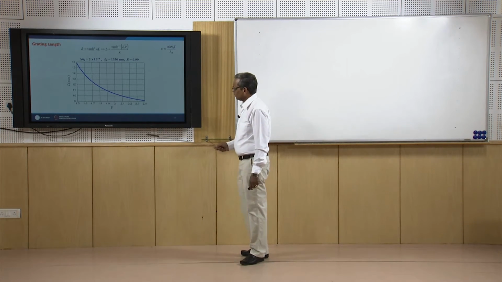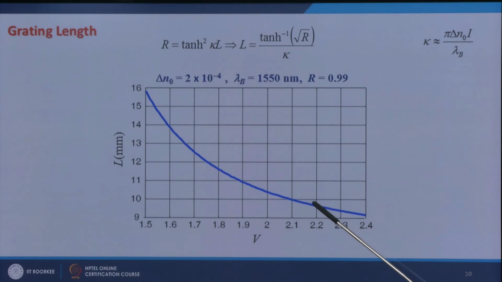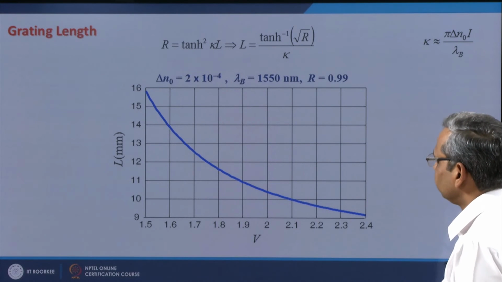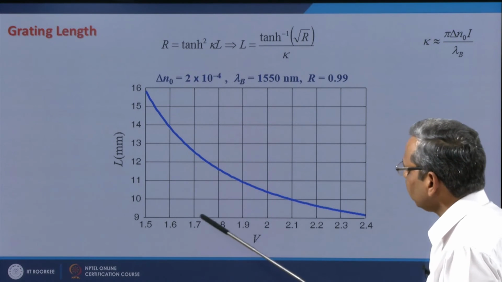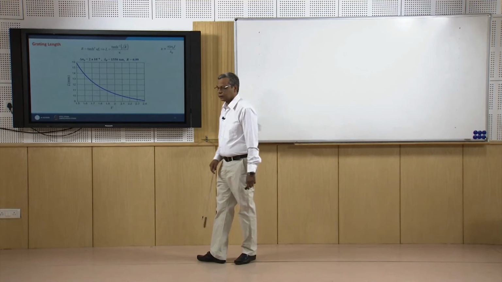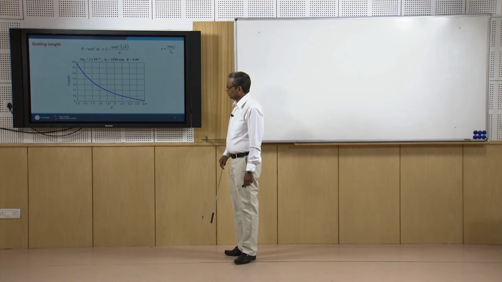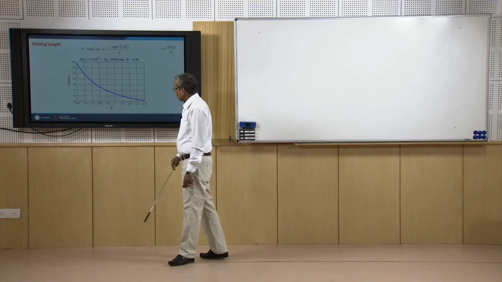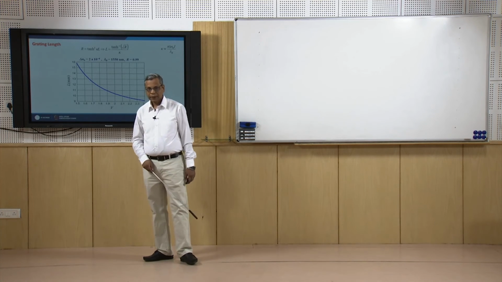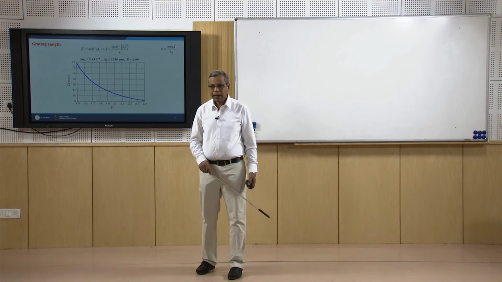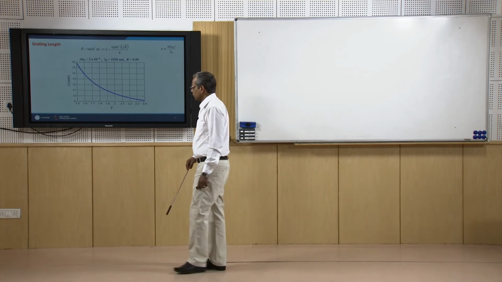I can see that if the value of V is large, then the grating length required is smaller, and for smaller values of V, I require much larger grating length. It is obvious, because if I increase the value of V, my mode is more and more confined in the core and the overlap integral increases.